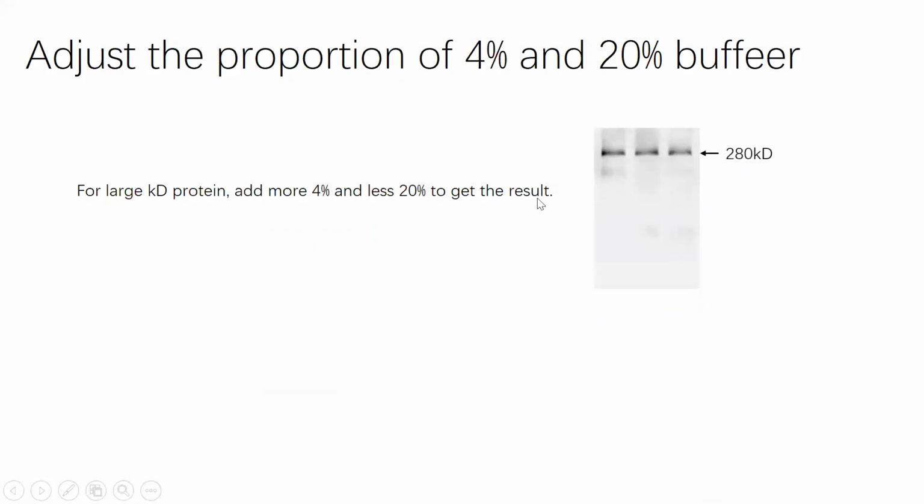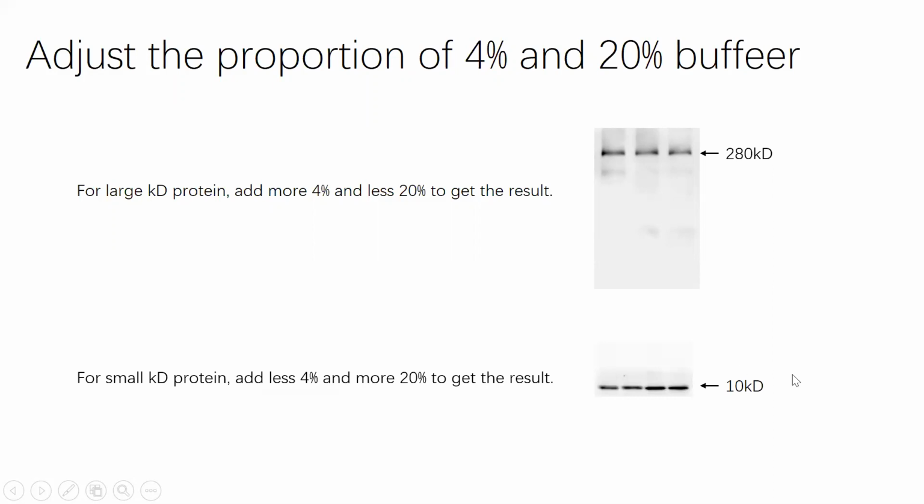I have run a big protein, 218 kilodalton, and I can get a good result because I add more 4% and less 20%. Otherwise, if you run a small kilodalton protein, you can add less 4% and more 20% to get a result for 10 kilodalton or below.